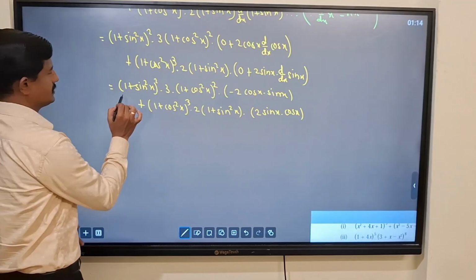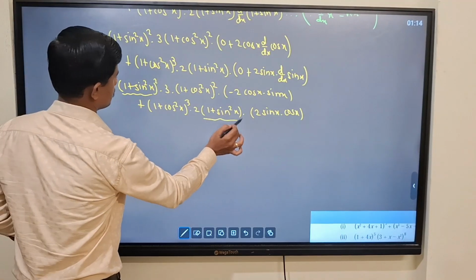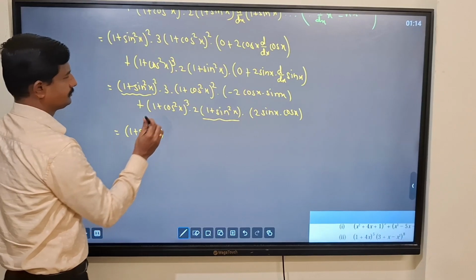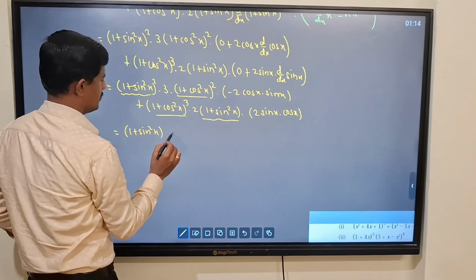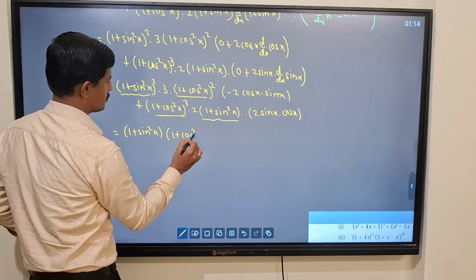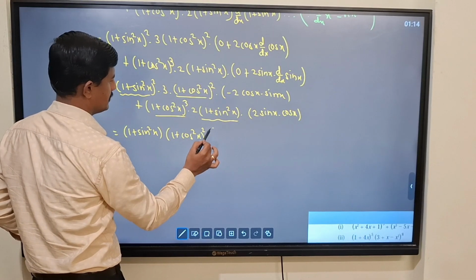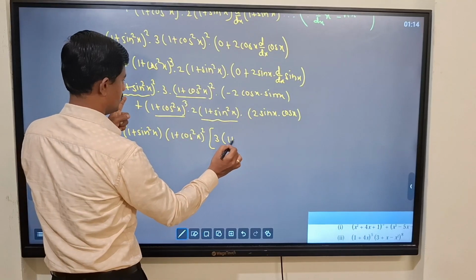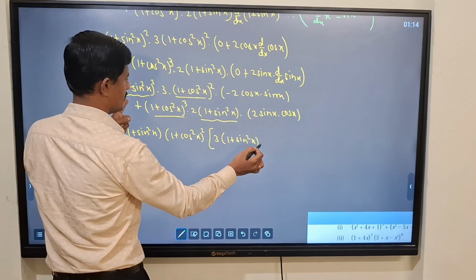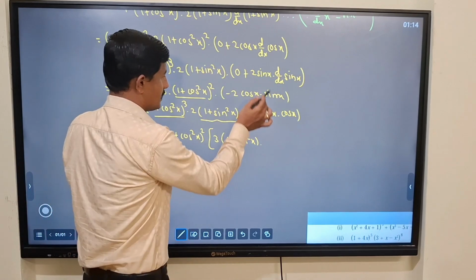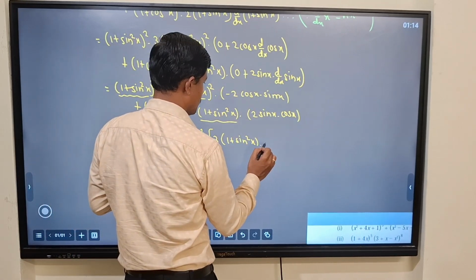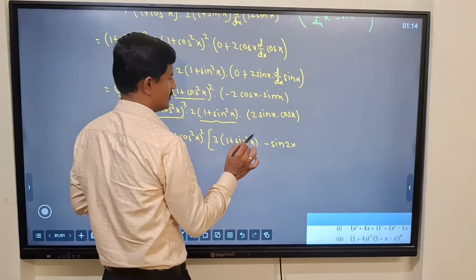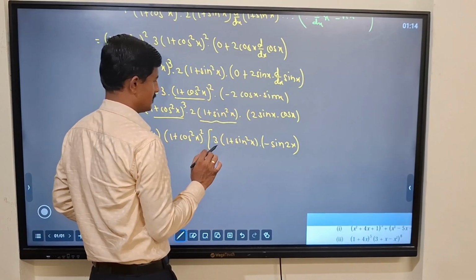I will take common first. From (1 + sin²x)², here (1 + sin²x) comes common, and from this (1 + cos²x)² is common. In the bracket remains 3 into (1 + sin²x) into, I will write this as it is, minus sin 2x, using trigonometric functions.